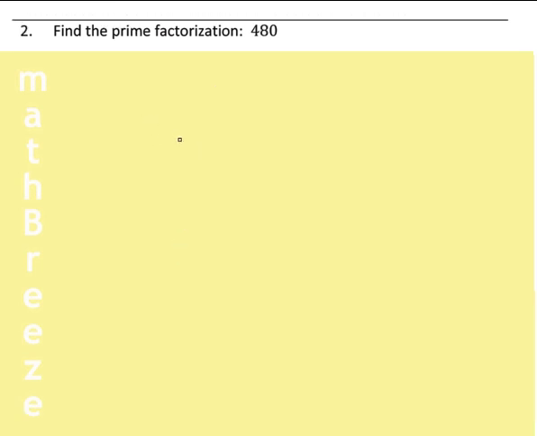All right, now let's find the prime factorization of 480. So again, since 480 ends in 0, one easy factorization would be 48 times 10. So we'll start with that. All right, 10 is 2 times 5. 48 we can break up as 6 times 8.